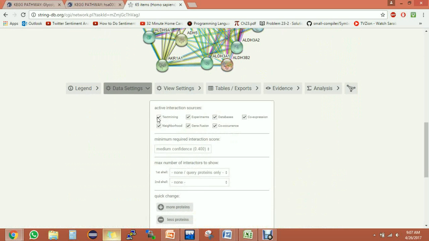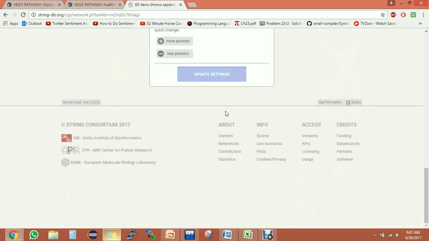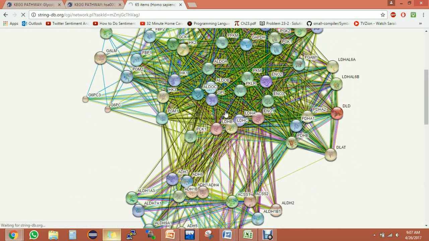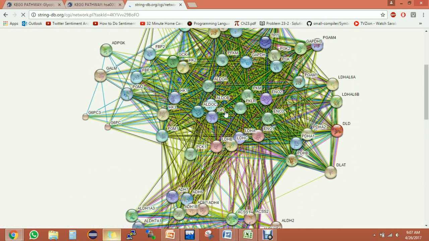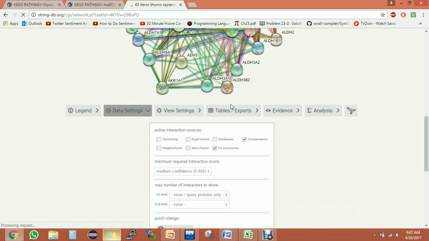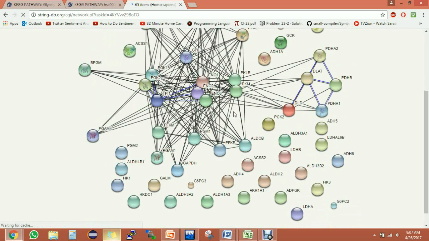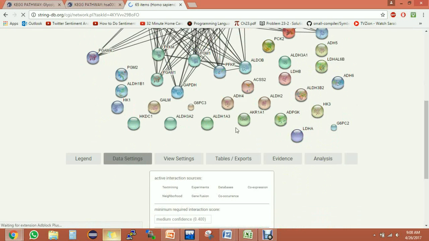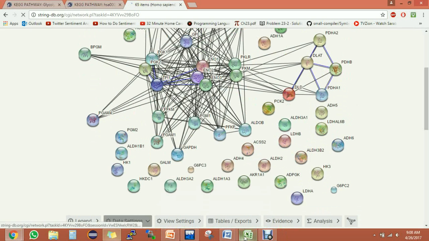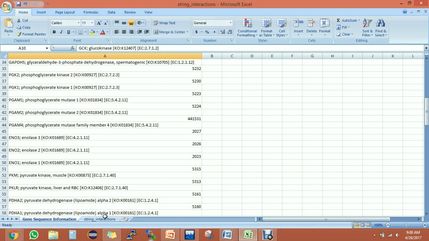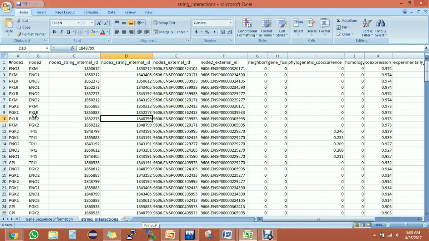I have just considered co-expression and co-occurrence, as the earlier network was much more complex, and there are options for exporting this network as an Excel file. So this is the interactions file which I have obtained from the STRING database tool.